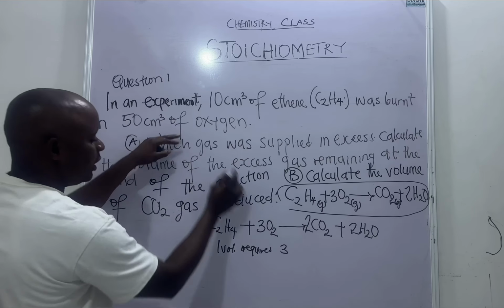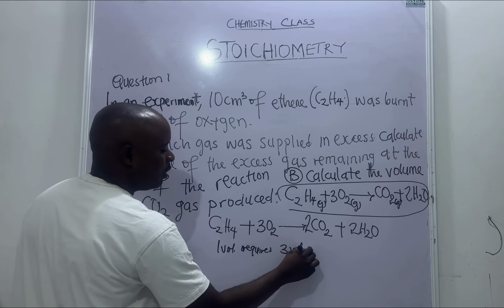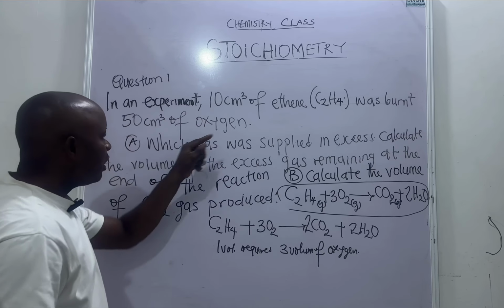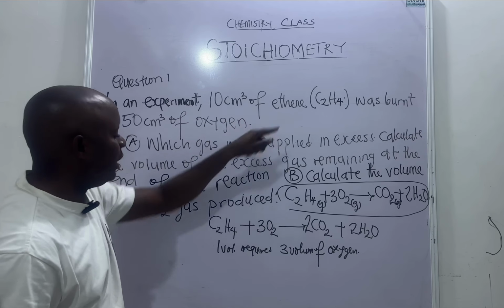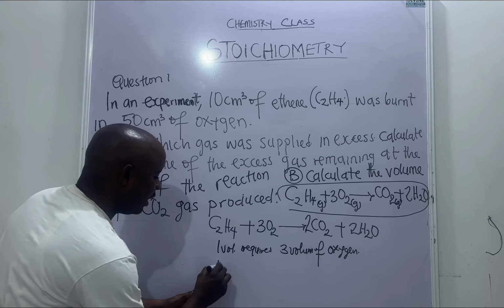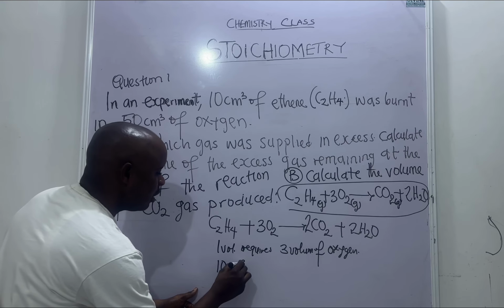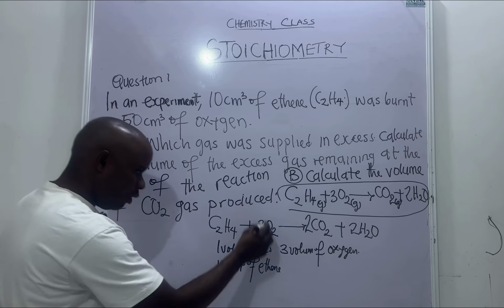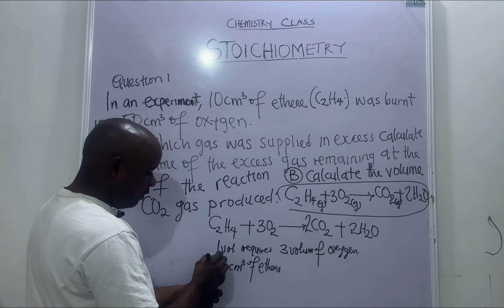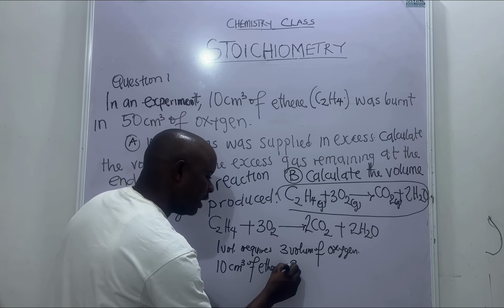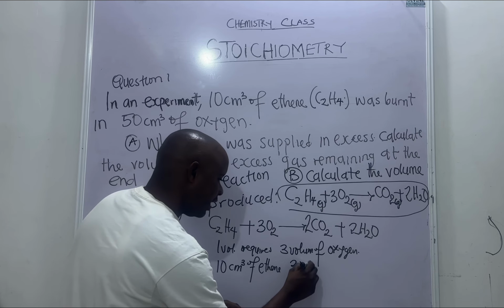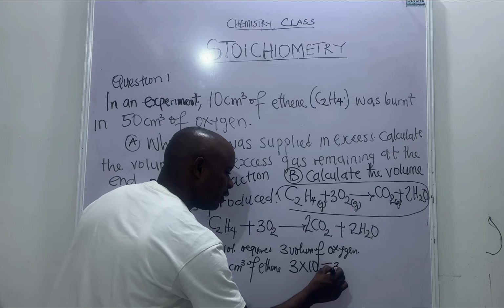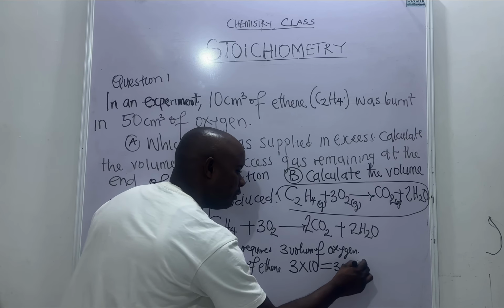If 1 volume is 10 cm³ of ethene in our normal laboratory work, I will multiply 3 times 10. By multiplying, I have 30 cm³ of oxygen required.